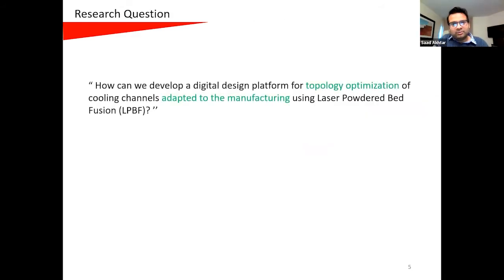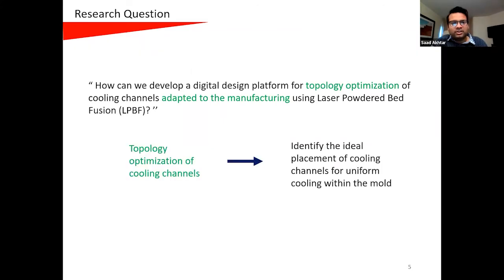Using this as a motivation, our bigger research question was how we can develop a digital design platform for topology optimization of cooling channels using laser powder bed fusion. There are two core parts that I want you to think of. The first one is topology optimization, which I'm going to talk about in a bit more detail in the next section.